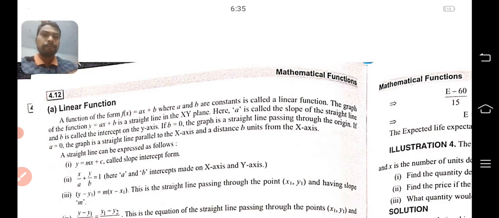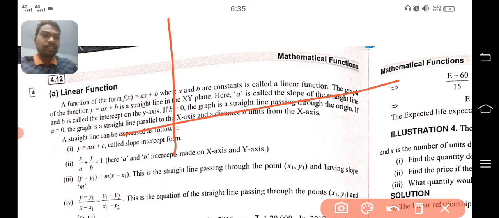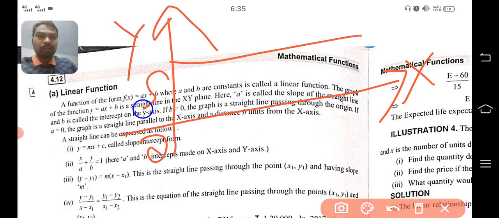In a diagram, the x-axis and y-axis will draw a parallel line, and that is nothing but b. Here slope equal to 0, or a equal to 0.